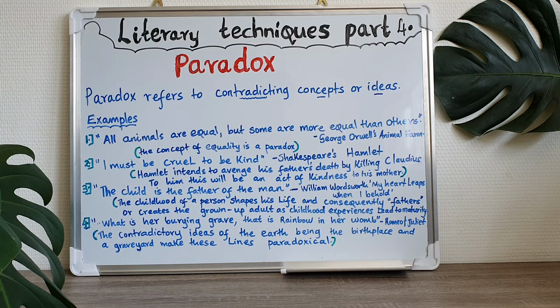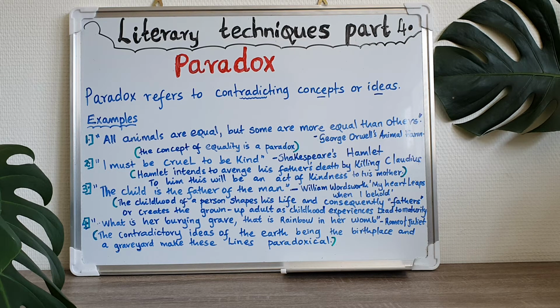Remember we said that an oxymoron is when you place words that are opposite in meaning, words, not concepts or ideas, but words that are opposite in meaning, side by side. Like bitter sweet. That is an oxymoron. But a paradox is when you have contradicting concepts, okay? Not words, contradicting concepts or ideas.